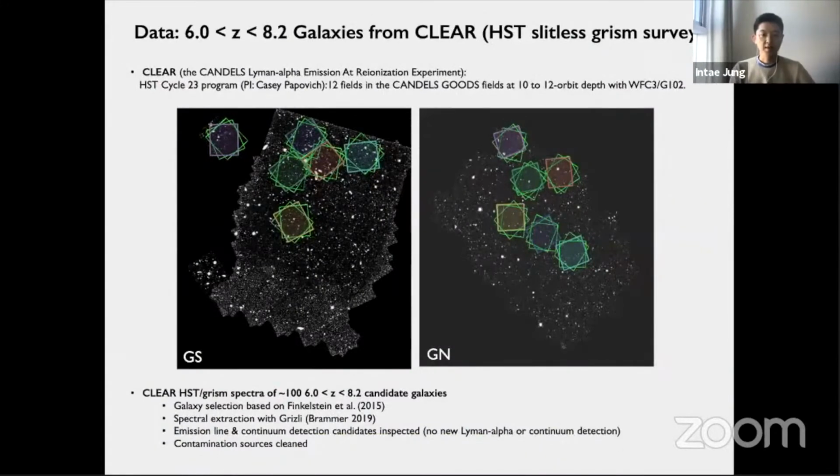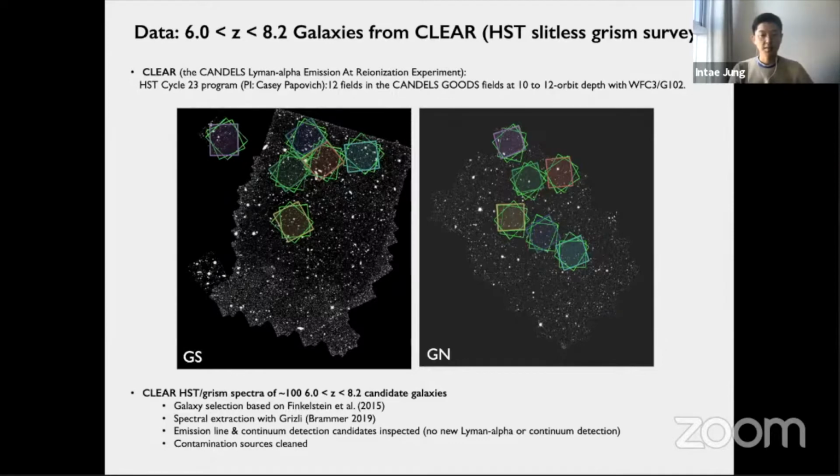Motivated by these recent findings, we attempt to conduct a statistical analysis of the Lyman-alpha equivalent width distribution, which is dependent on galaxy UV brightness. In order to do that, we utilize a spectroscopic dataset of the HST slitless grism survey called CLEAR.